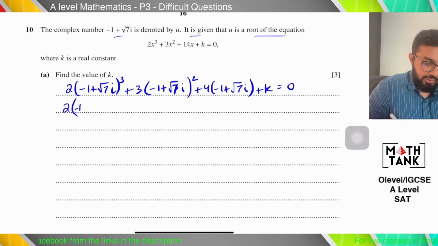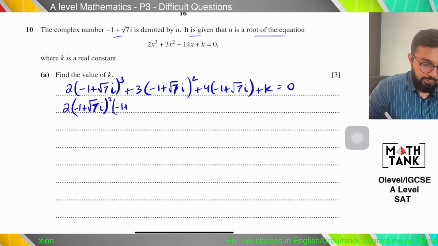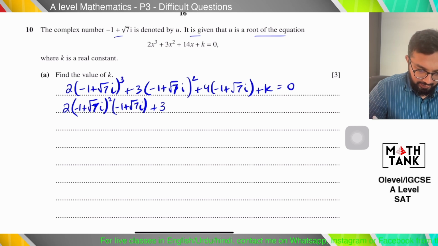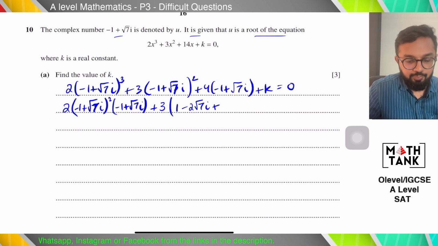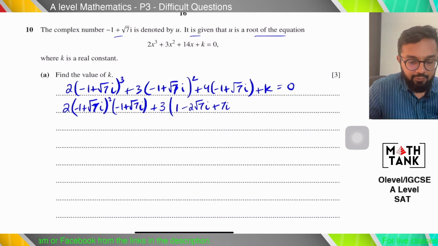Okay, I will break this up into cubes and squares. First I will square this. A square minus 2ab plus b square, and that's 7i squared.